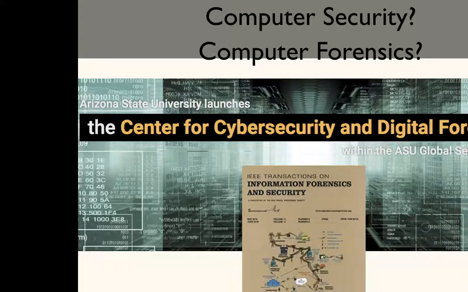You see, even the title has both words, security and forensics. I'm affiliated with this center, and also IEEE, which is the largest scholar association. They have a top journal called IEEE Transactions on Information Forensics and Security. So you can see security and forensics always come together.